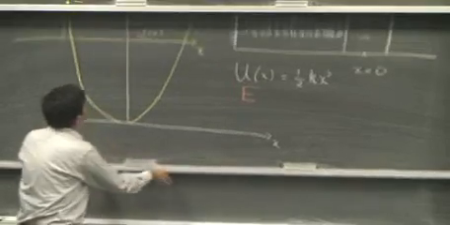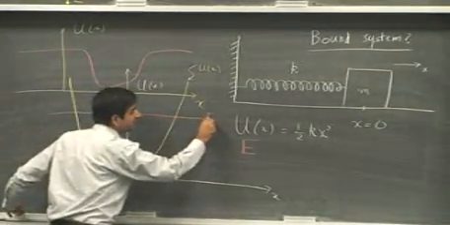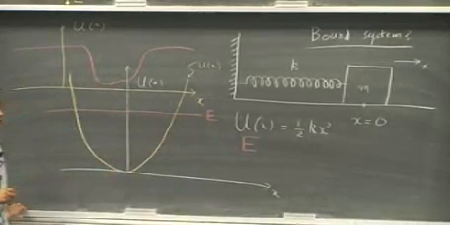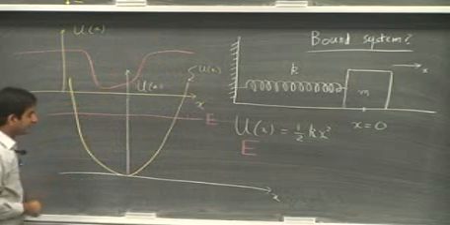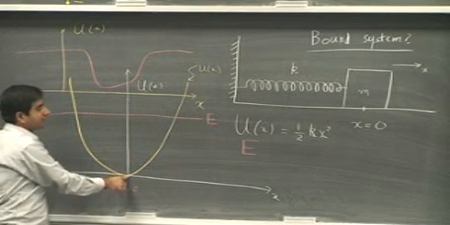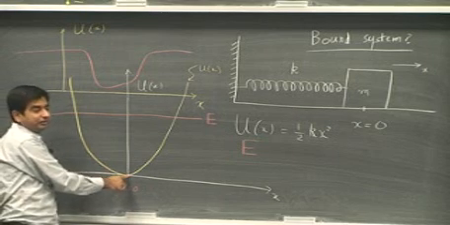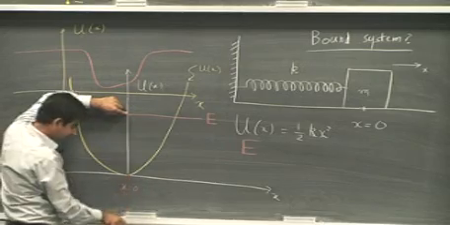So the total energy of the system, suppose this is E. This is the total energy of the system, and this is the potential energy curve. Now what happens at x equals 0 is that the potential energy is 0, therefore all of this energy must be kinetic.